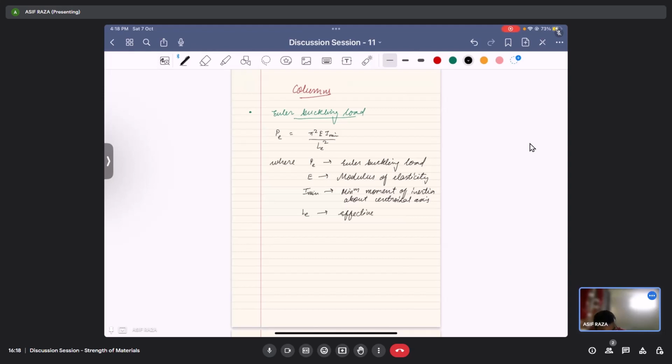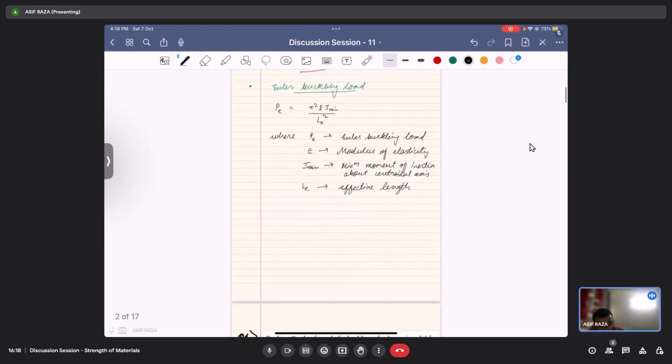So I would just say something about this effective length. What is effective length?